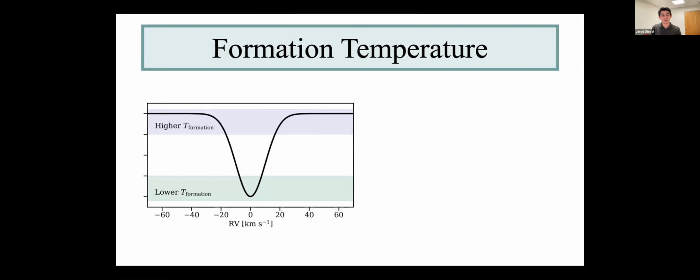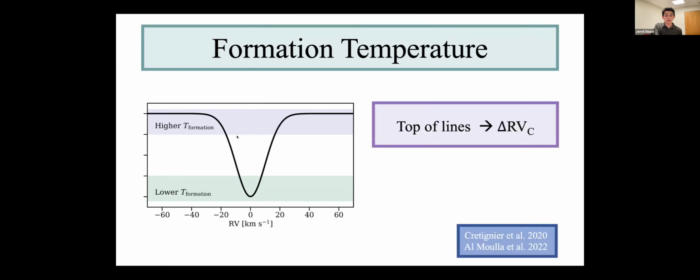So again, just for a refresher, we'll consider here our simplified line profile. The wings of the spectral line are, on average, going to be probing higher temperatures of formation because they've seen less absorption, whereas the cores of our spectral lines will be probing cooler temperatures, so essentially higher in the stellar atmosphere.